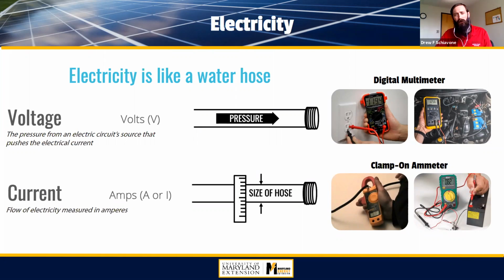The pressure, the force with which that water is moving through the garden hose, is like the voltage, that difference of pressure pushing through the wire. The current, on the other hand, is like the flow rate, the speed that it's going through the hose. You can imagine different size hoses give you different flow rates. The same thing with different wires and cabling, you'll have different flow rates of current. So those are two differences.